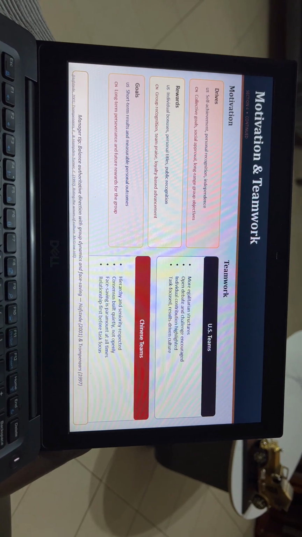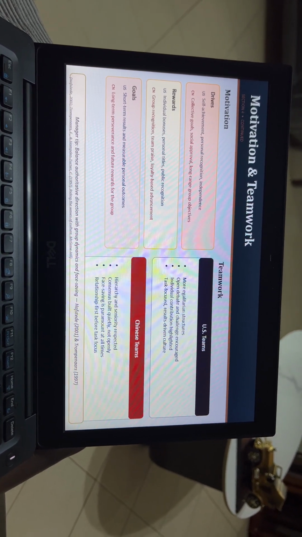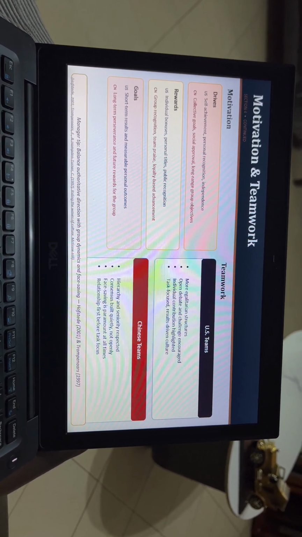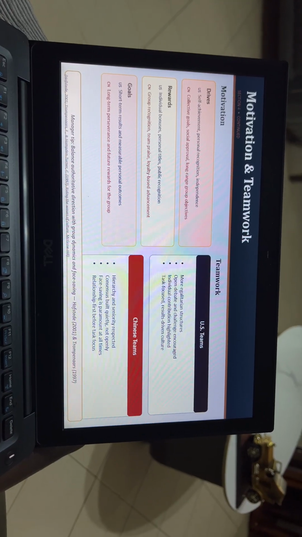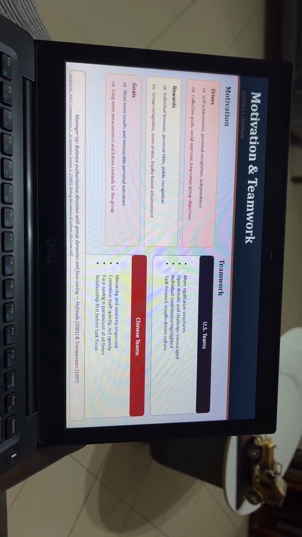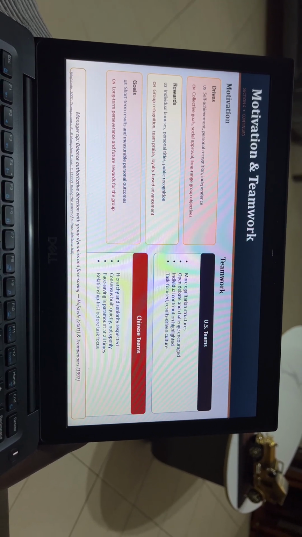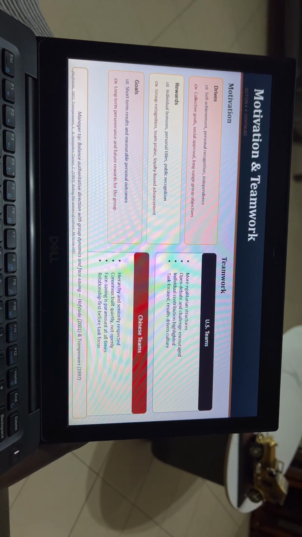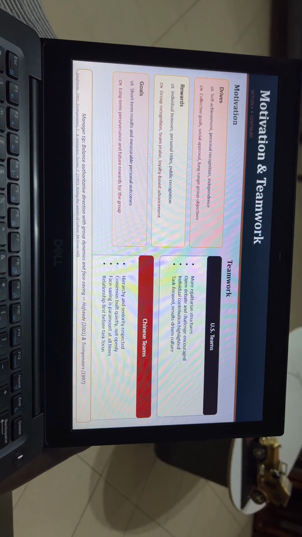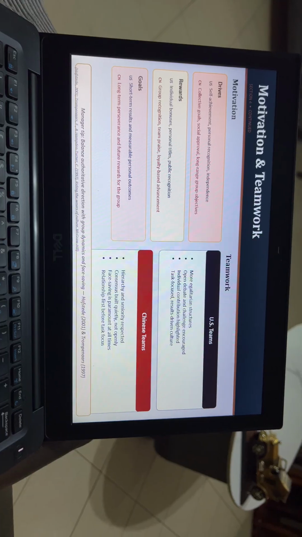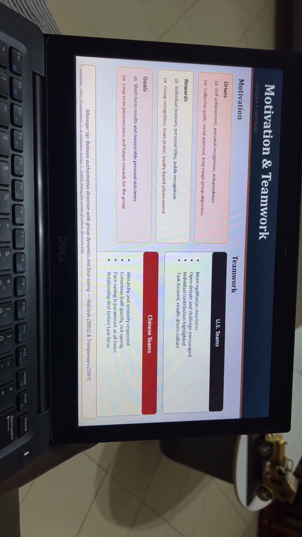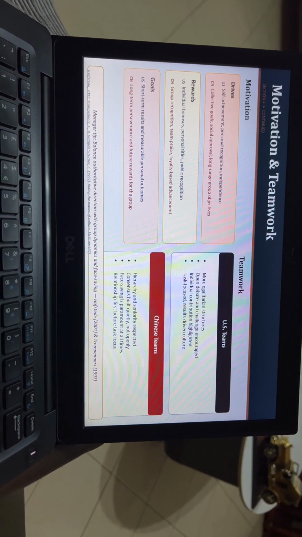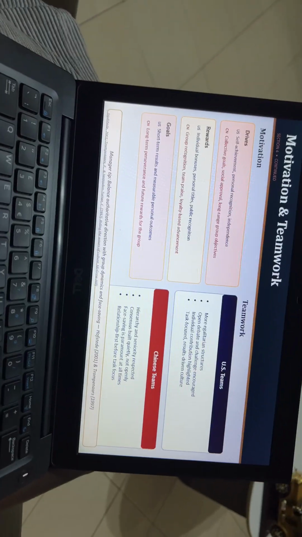However, in China, teamwork is quite different. It is hierarchy and seniority respected. Consensus built quietly, not openly. Face saving is paramount at all times. Relationship first before task focused.